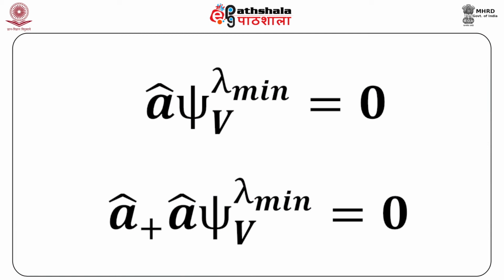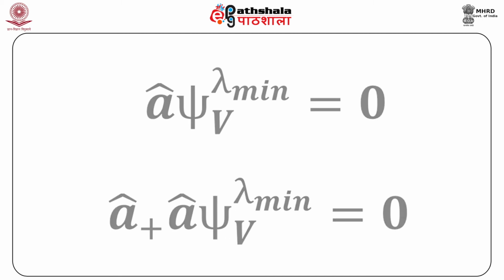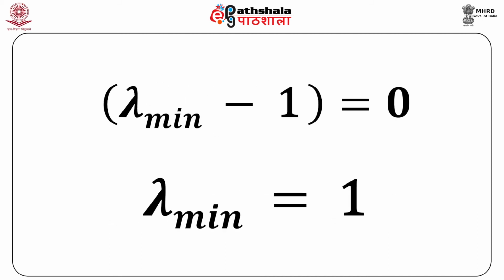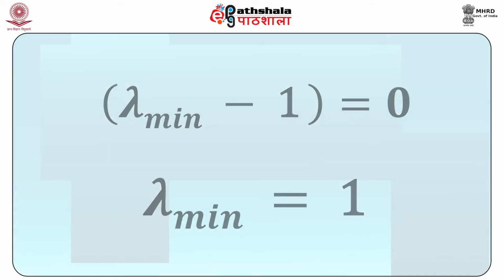Naturally, it will give us a zero value because it cannot go to lambda minimum minus 2. That does not exist. Therefore, A plus A cap psi v lambda minimum would also be 0, and therefore one can say that lambda minimum minus 1 will be equal to 0, or lambda minimum is equal to 1.